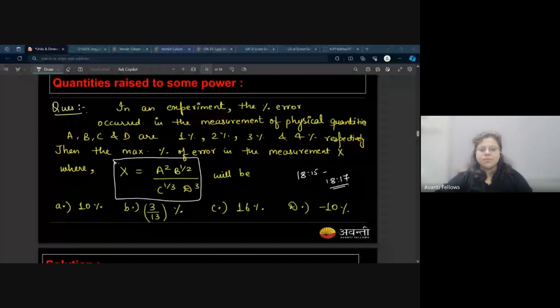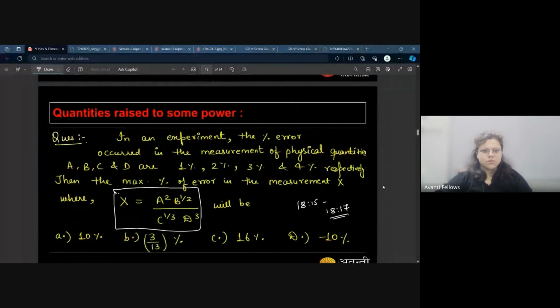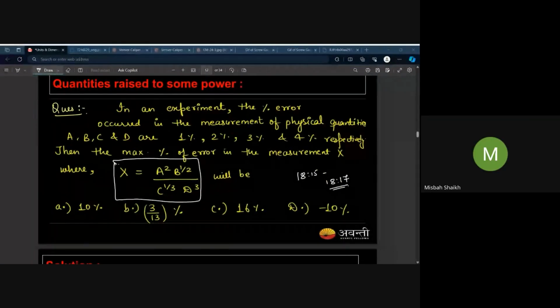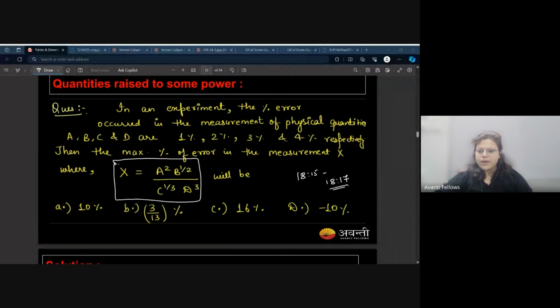Option A is 10%, B is 3 by 13%, C is 16%, and D is minus 10%. Is the screen visible to you? No, ma'am. Okay, screen is not visible. Is it visible now? Yes, ma'am.